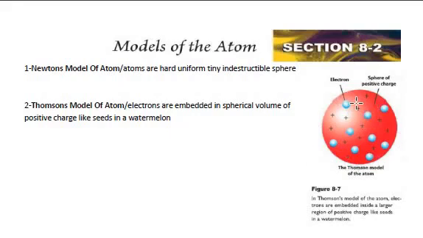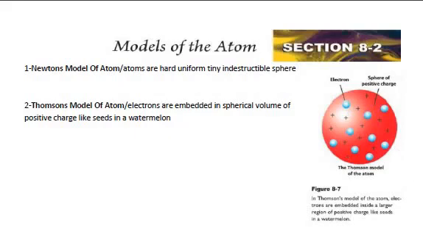Here we have a schematic description of Thomson's model of atom, which says electrons are embedded in a positive sphere. So the red sphere is positive, it has negative electrons distributed.